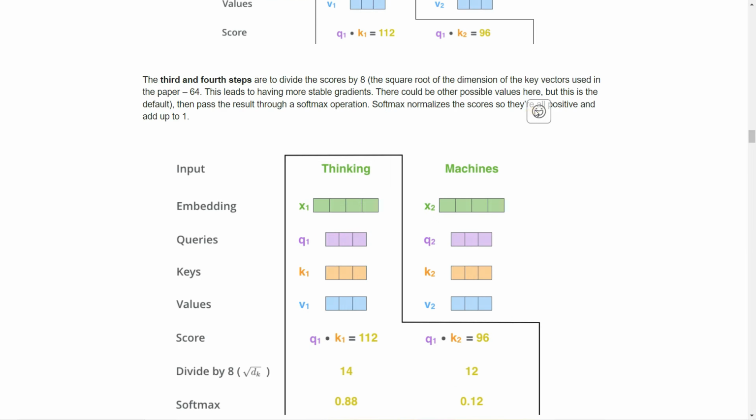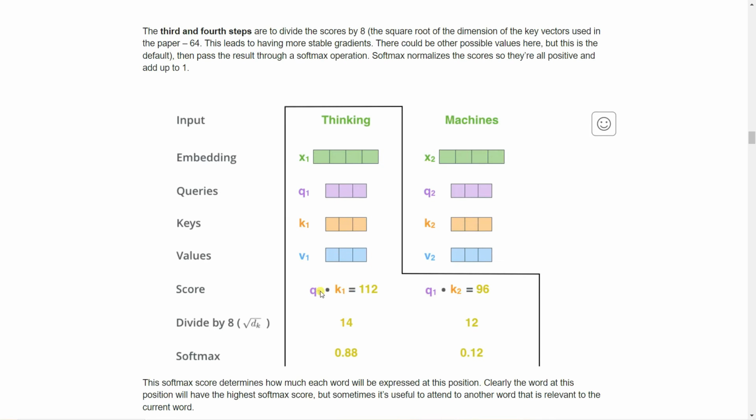Okay, see, q1 and k1 we get the value 112, and q1 and k2 we get 96. That means, see one thing: "thinking" is the first word, and "machine" is the second word.